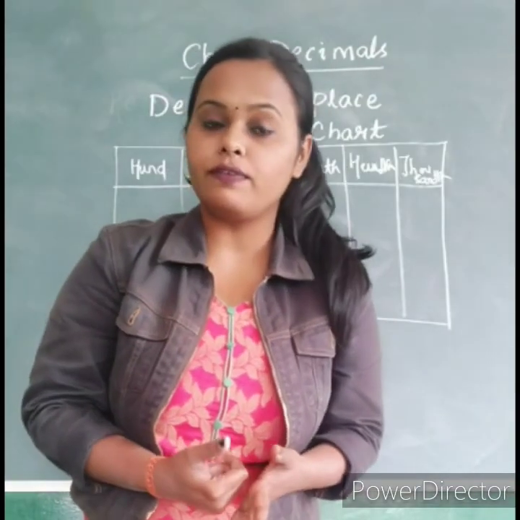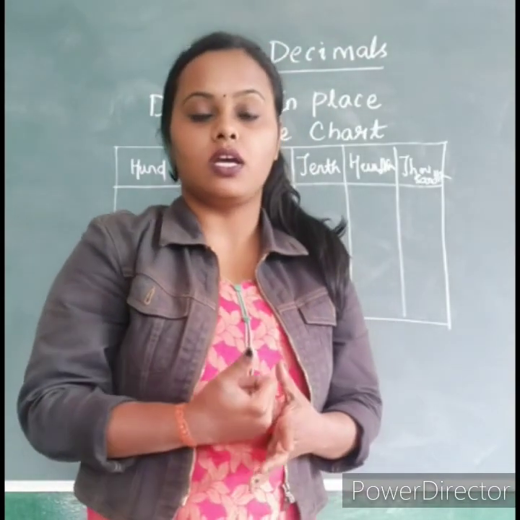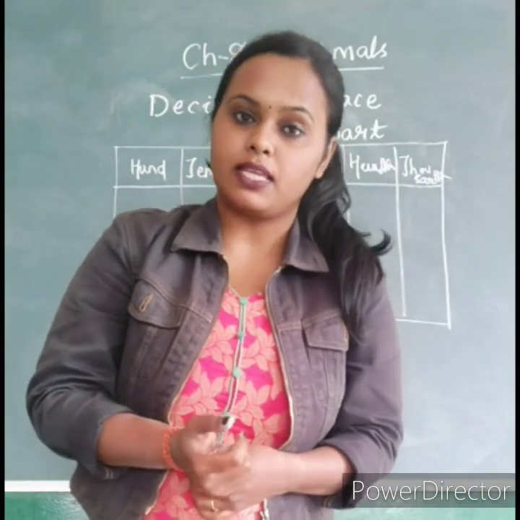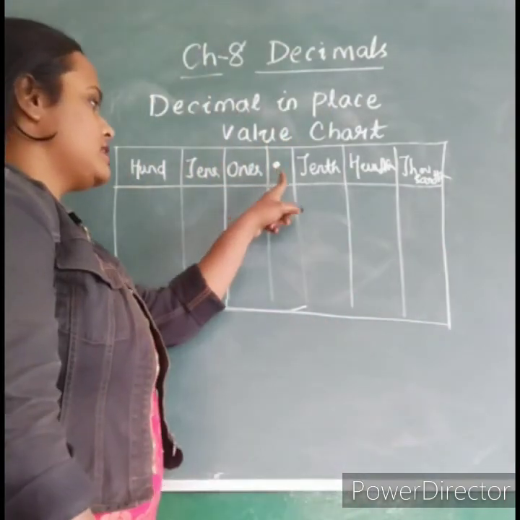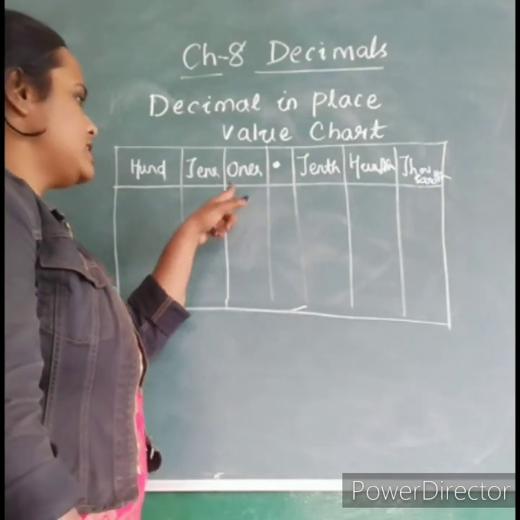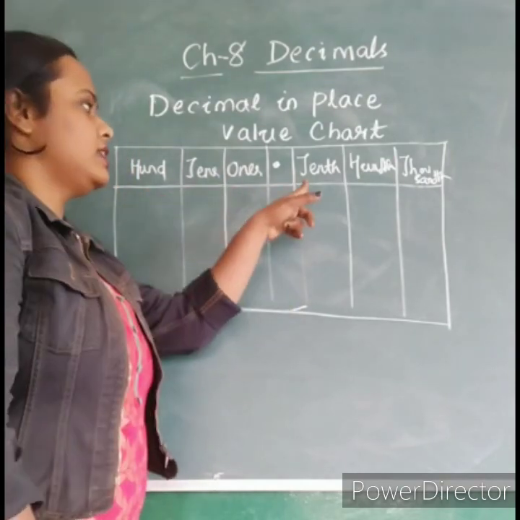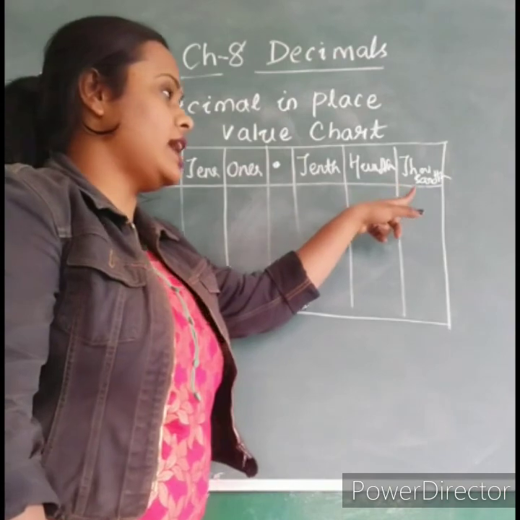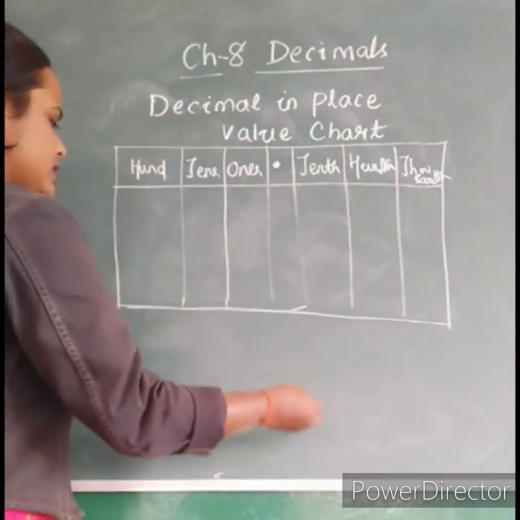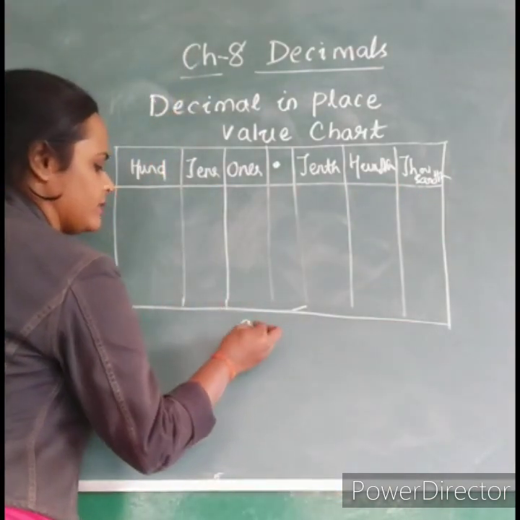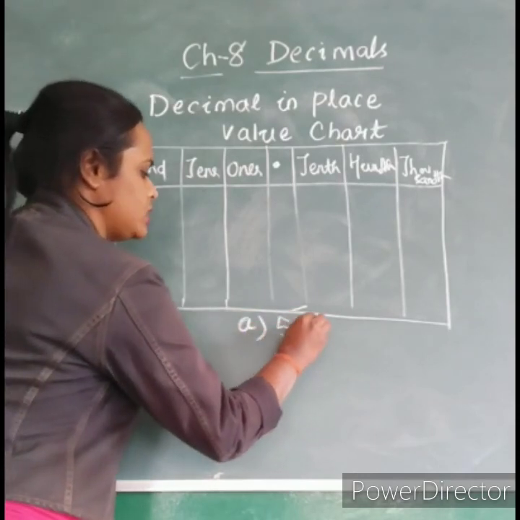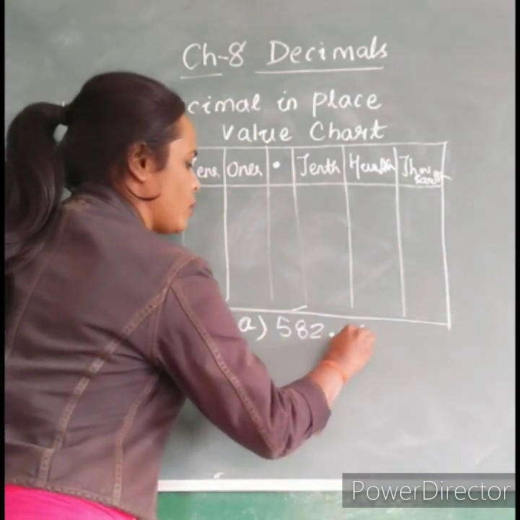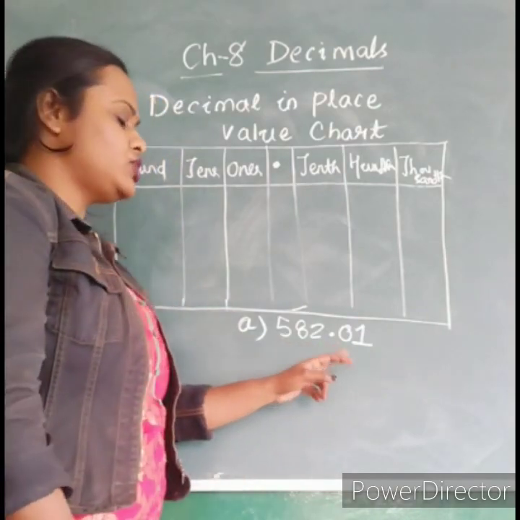Okay students, so now we will be learning how to put decimals in the place value chart. I have already made the place value chart, including the decimal line, ones, tens, hundreds. Then this is the tenths, hundredths and thousandths place. So first let us do some examples. First example, let it be 582.01.